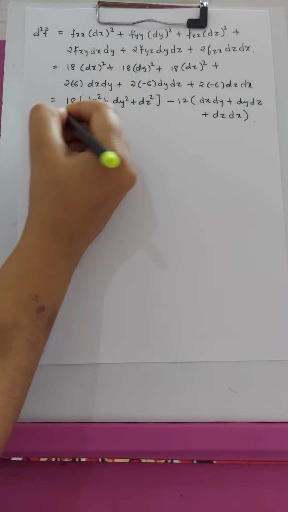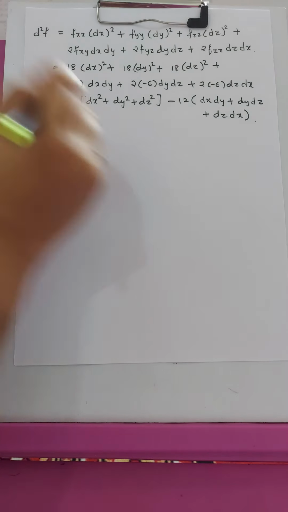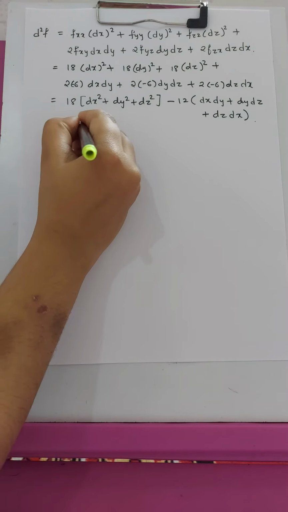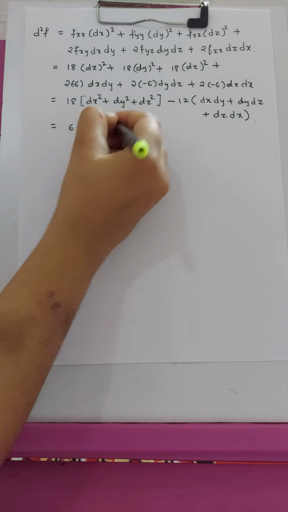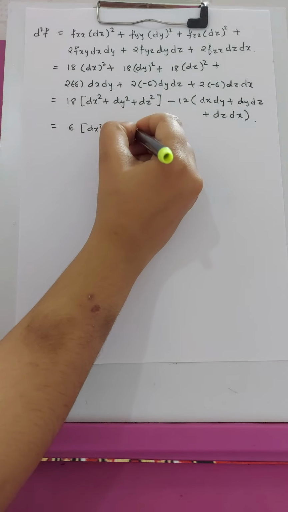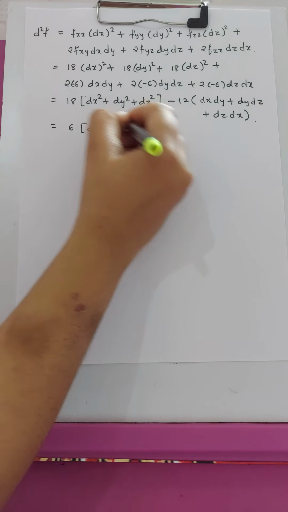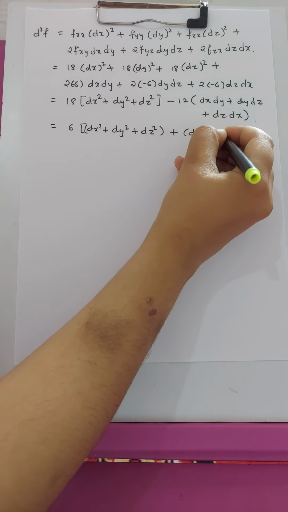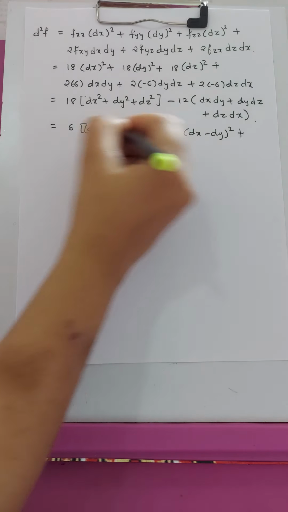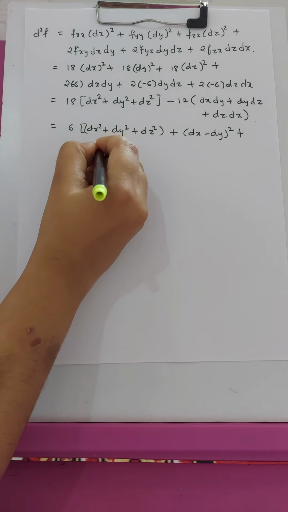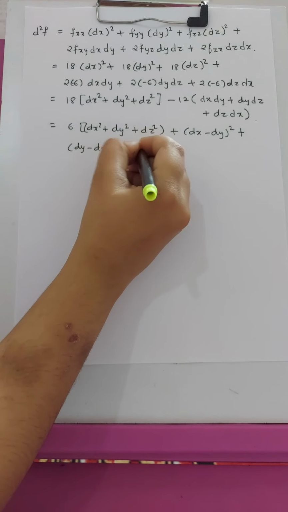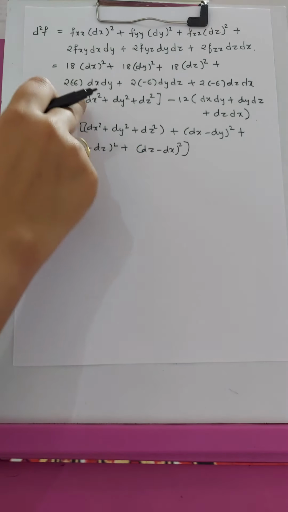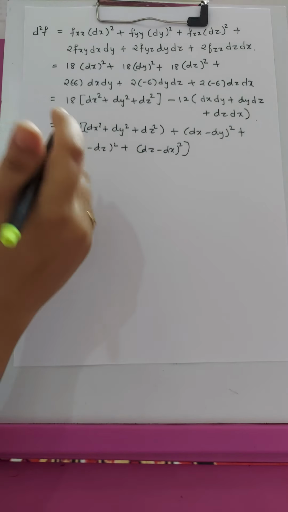Now this is equal to 6 times [(dx squared plus dy squared plus dz squared) plus (dx minus dy) squared plus (dy minus dz) squared plus (dz minus dx) squared]. If we solve this, we will get this term.